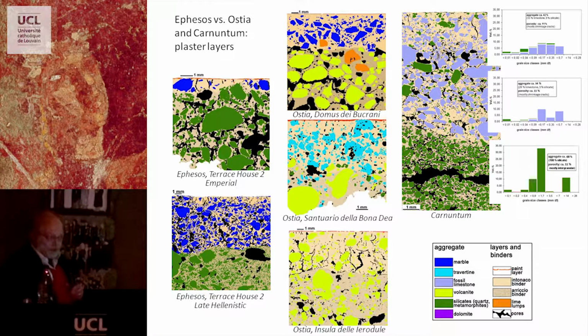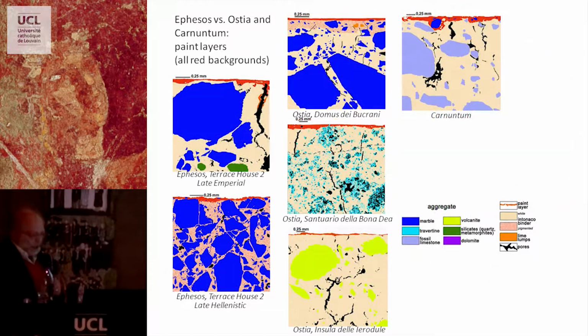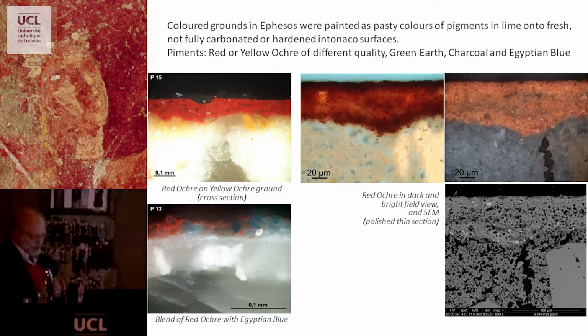So people used what they could find in their layers. And of course this pseudo-color editing also helps us to calculate very quickly the grain size distribution and such things. I didn't present this here, this is just one example from Carnuntum. These are in the paint layers, so we compared only red with red.